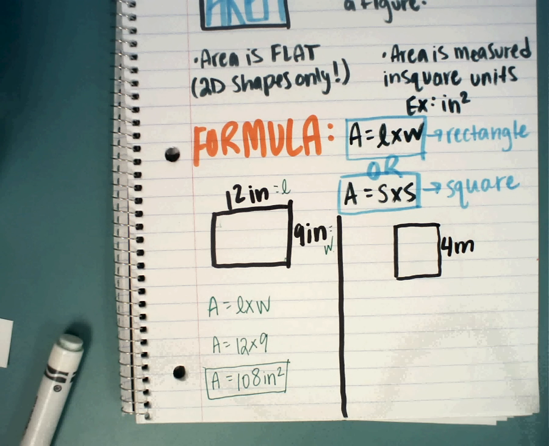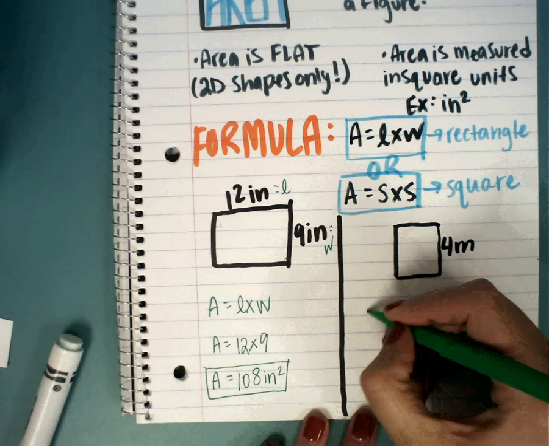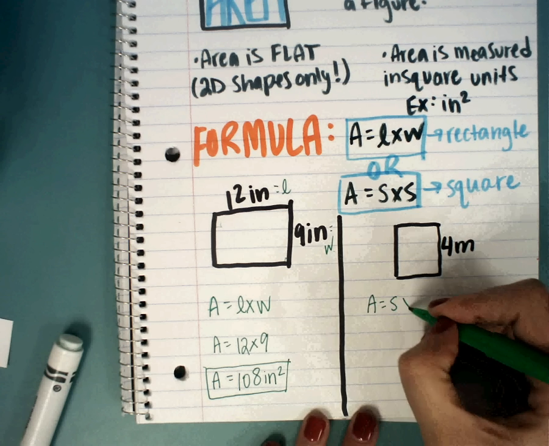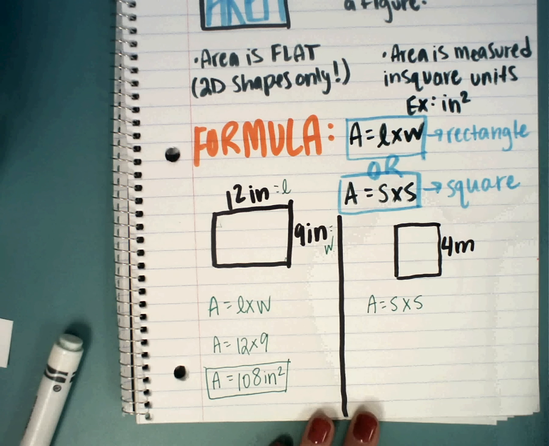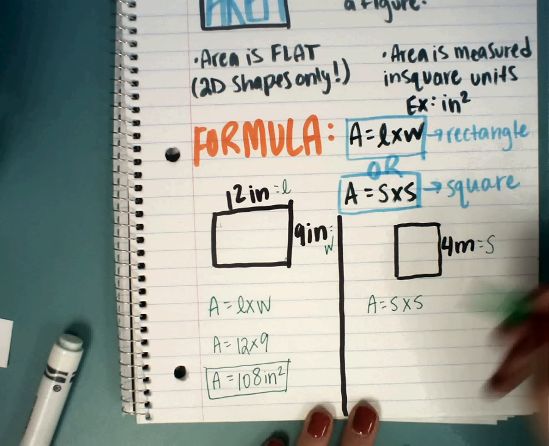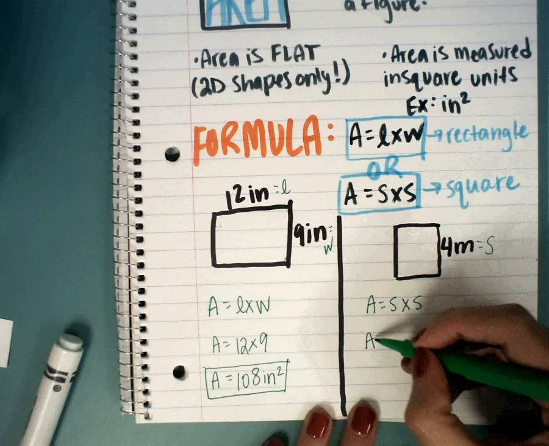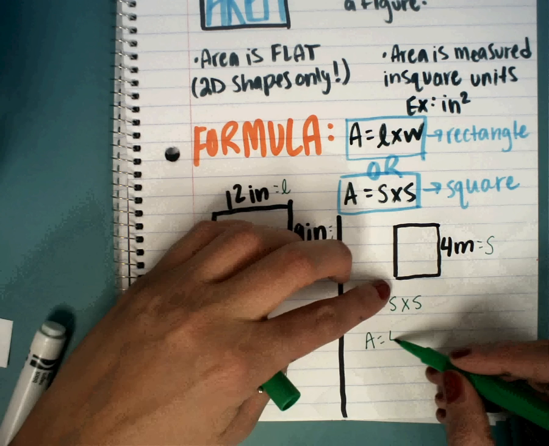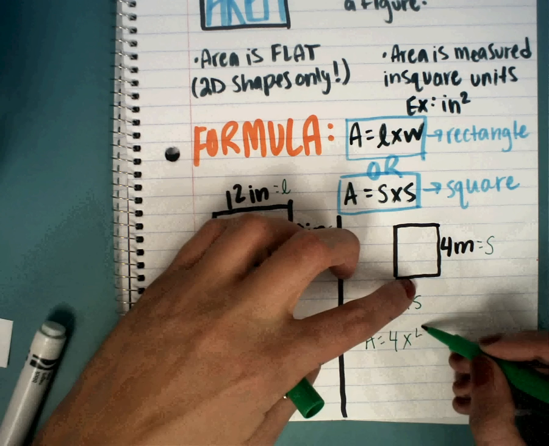So I'm going to use this formula for a square. A for area equals S times S, side times side. Okay, so I know that one of my sides is equal to 4 meters, so I'm just going to plug that in. A equals 4, plug in for S, 4, plug it in for S.